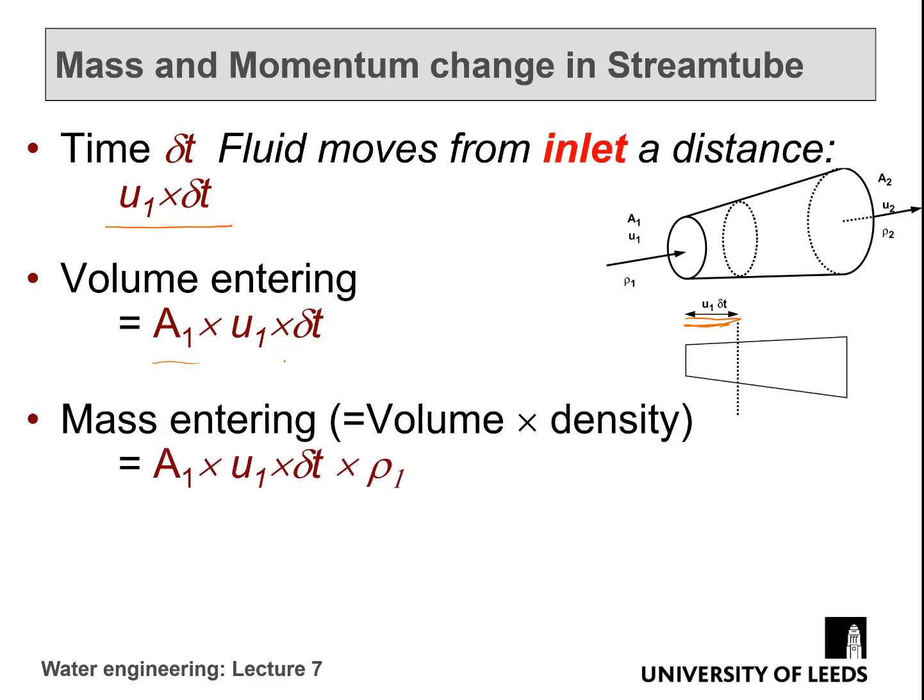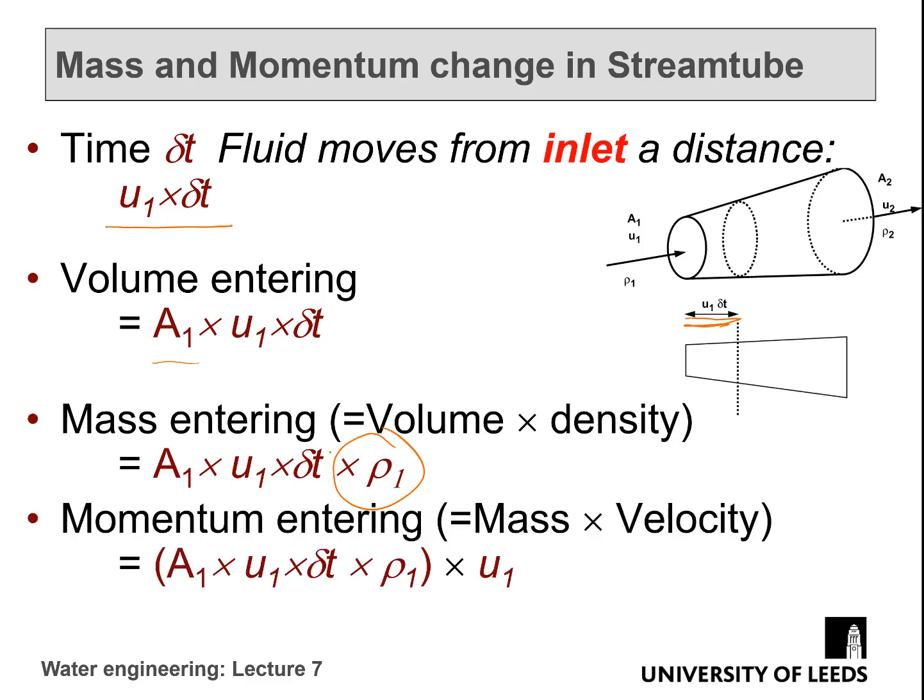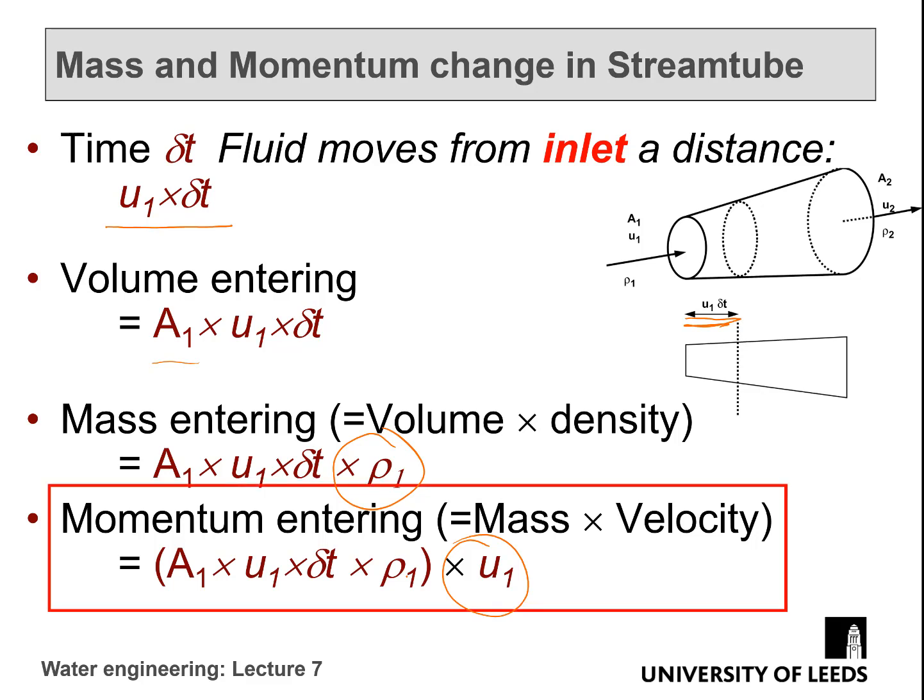So we've got a volume there. The mass is that volume times the density, so we multiply by the density. We call this rho 1. All of these subscripts are 1 because that's the point at which the fluid is entering the stream tube. The momentum is the mass times the velocity, so we multiply all this by the same velocity, u1. So that's the momentum entering.